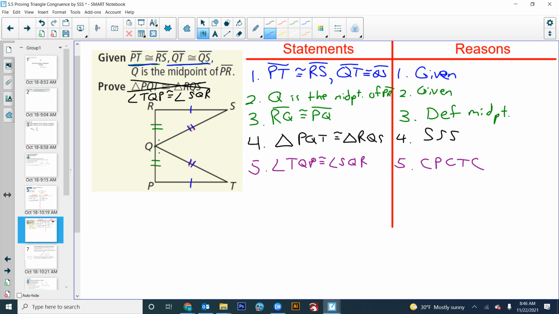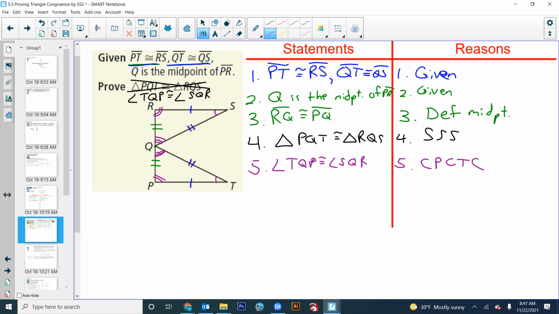Everything else in the triangles we have not talked about are congruent. Angle S is congruent to angle T. Angle R is congruent to angle P. And angle TQP is congruent to angle SQR by CPCTC. The triangles are congruent, so the corresponding parts of those congruent triangles have to be congruent.